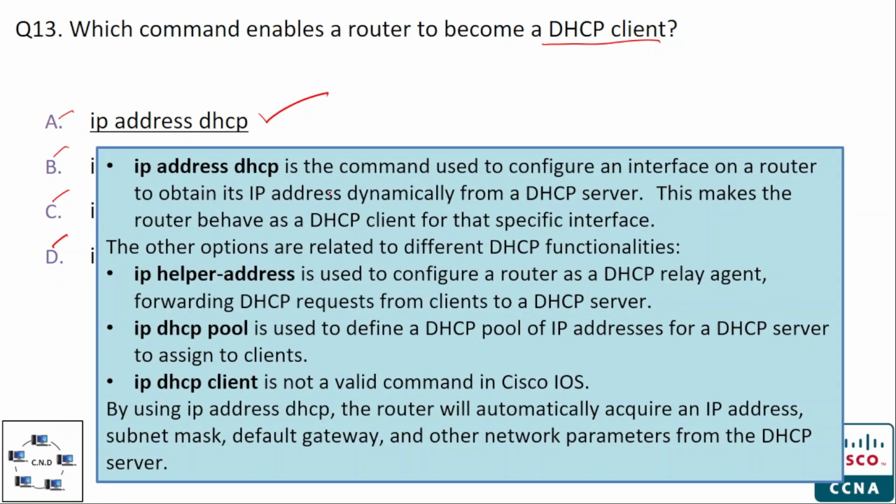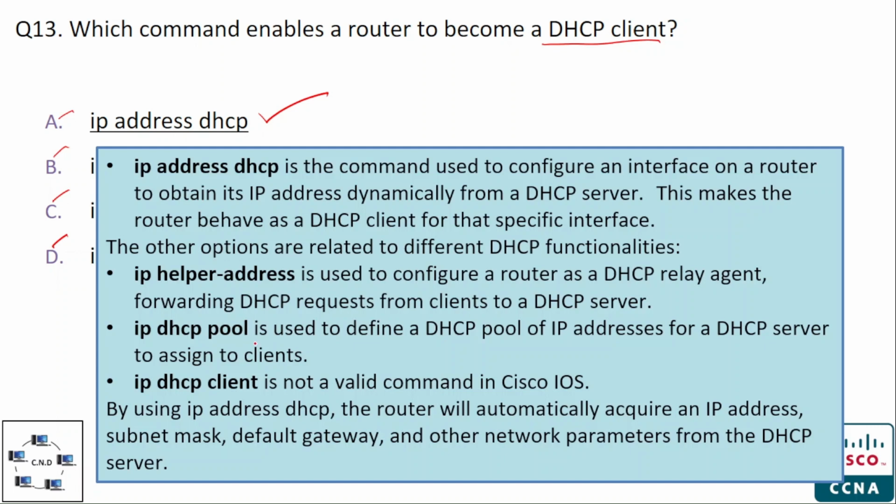So ip address dhcp is the command used to configure an interface on a router to obtain its IP address dynamically from a DHCP server. This makes the router behave as a DHCP client for that specific interface. The other options are related to different DHCP functionalities. IP helper-address is used to configure a router as a DHCP relay agent, forwarding DHCP requests from clients to a DHCP server.